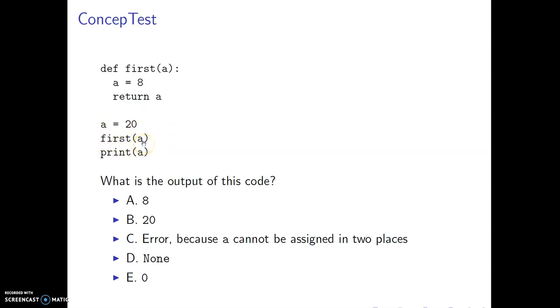We can call the function first, and then we can print a. So think about it. What would be the value, or the output that is printed? Take some time, run this, and then bring it to class so we can discuss. This is worth talking through.